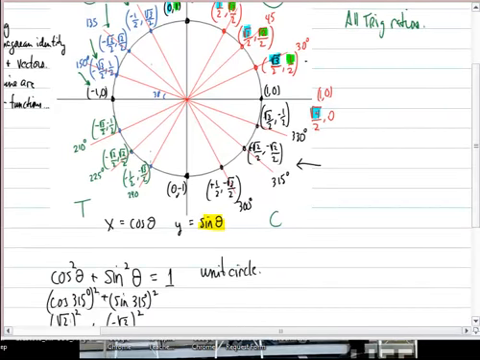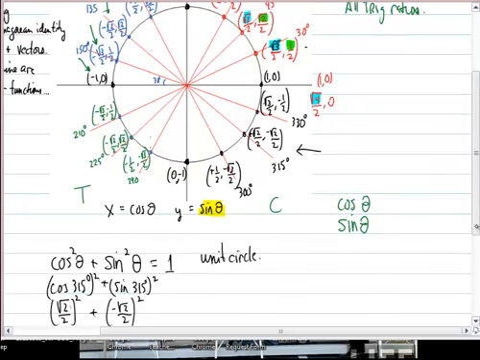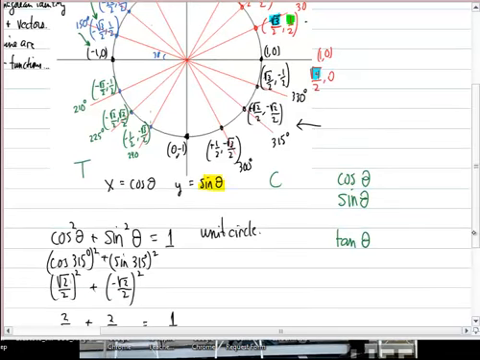People may wonder, okay, you've given me a way to remember the sine ratio and the cosine ratio, but how do I get the tangent ratio for any angle? Well, the tangent ratio is simply equal to, as we did with our identities, the sine quantity over the cosine quantity, and that would be as easy as looking at the y-coordinate divided by the x-coordinate on your unit circle.